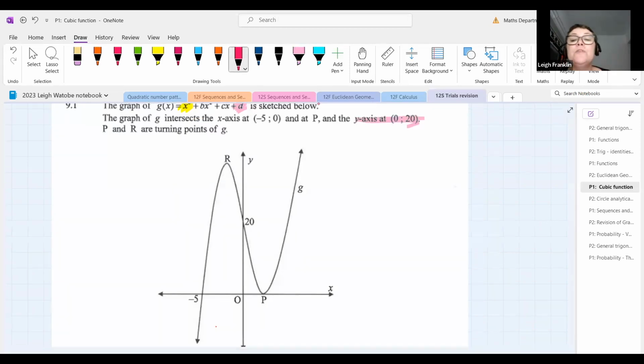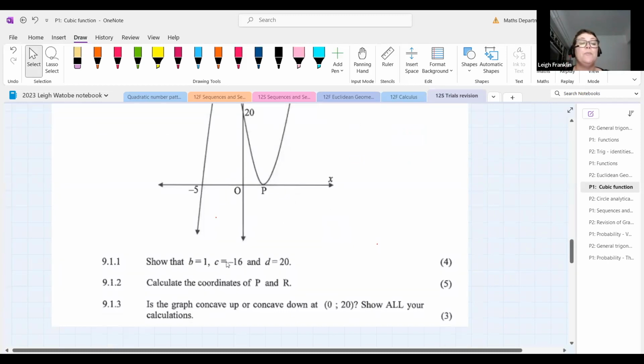So this is what we've got so far: g of x equals +1 x cubed plus bx squared plus cx plus 20. Now they've told us what b and c are equal to. They've told us b is 1 and c is -16.